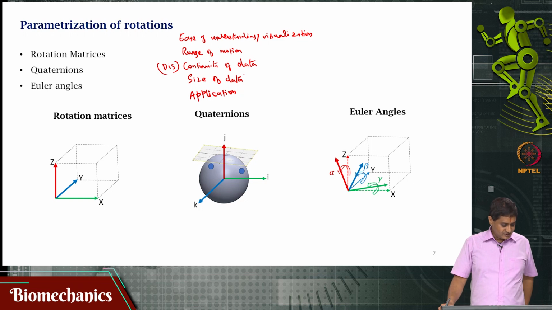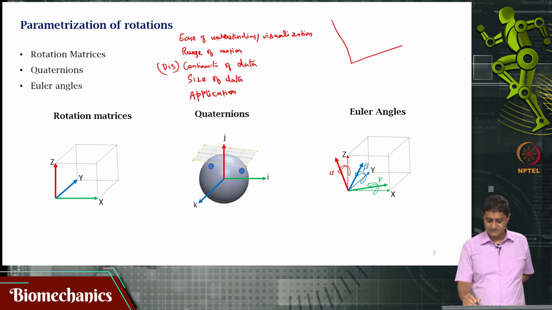Let us say that you are interested in measuring the joint angle between, say, the upper arm, this is the upper arm or the humerus bone, and this is the forearm. What are the bones in the forearm? Remember, radius and ulna.